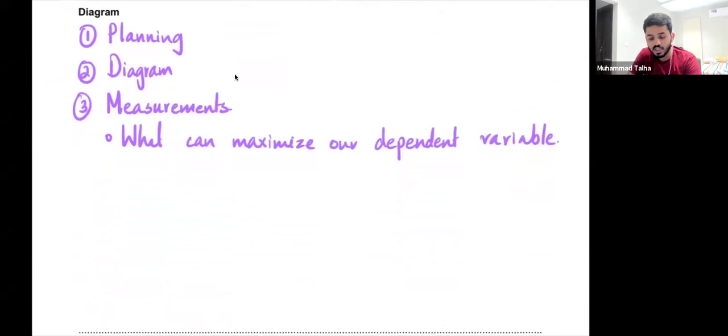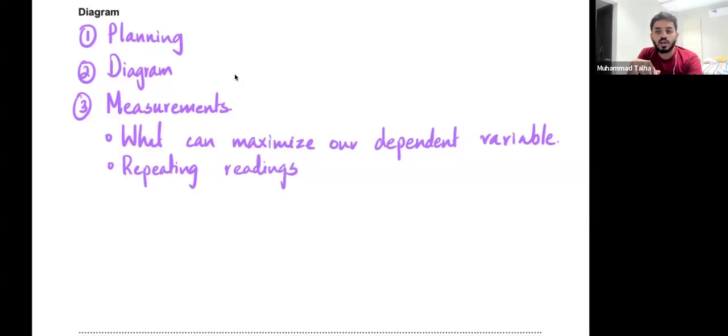All right, so this is all of my measurements part. Now with measurements, I also think about the idea of repeating readings. Can I repeat readings here? It's probably not very wise to average here because you'll have different x's each time.